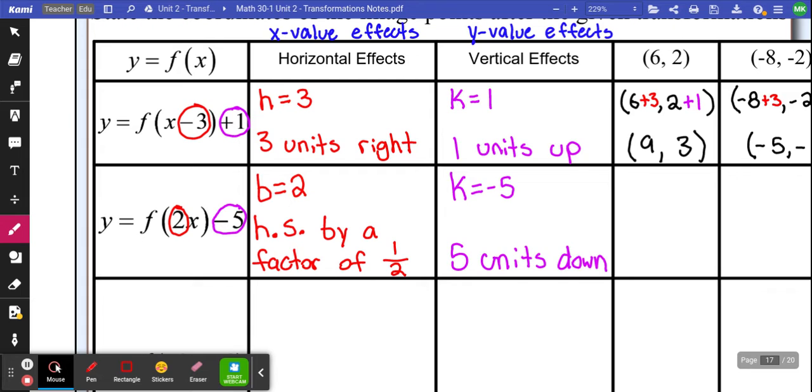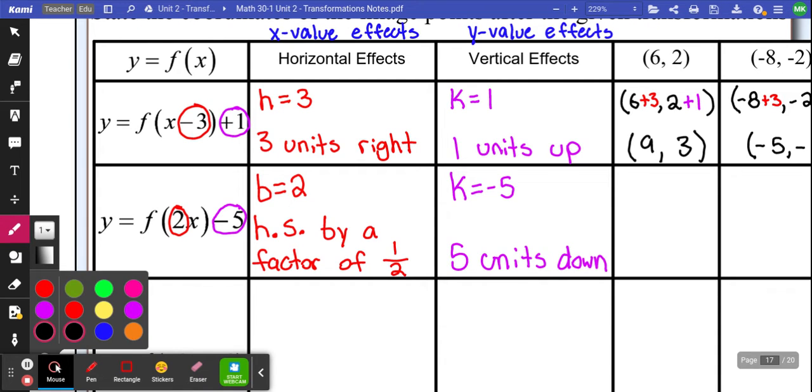So my point is 6, 2. If I want to know where that point went, it would be 6 times 1 over 2. The y value would be 2 minus 5.